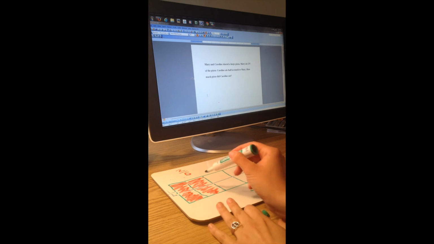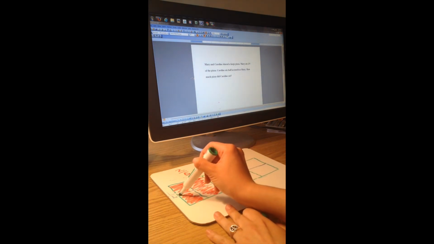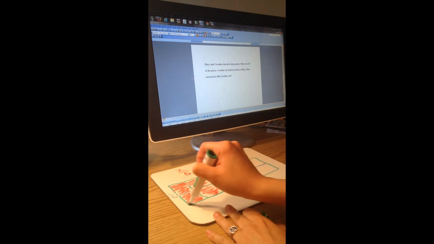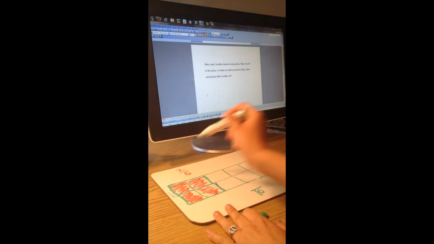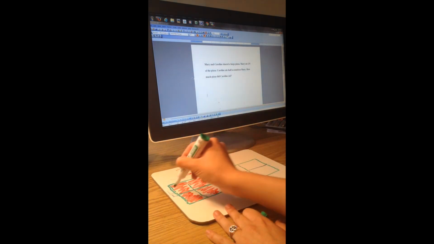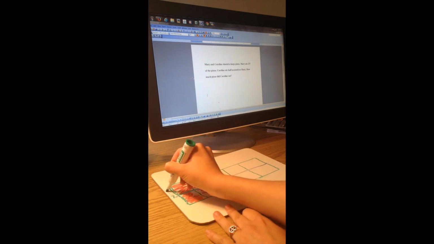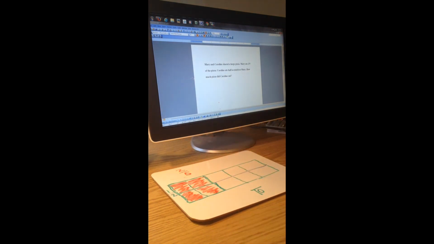And Caroline eats 1/2, represented by 1 and 2. One-half. We remember that we have to get our fraction in its lowest form.